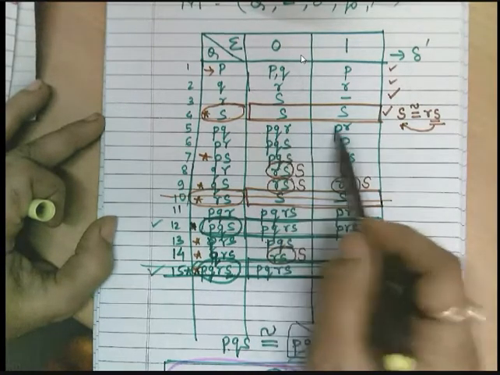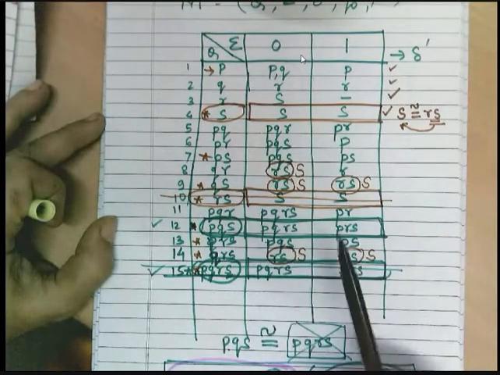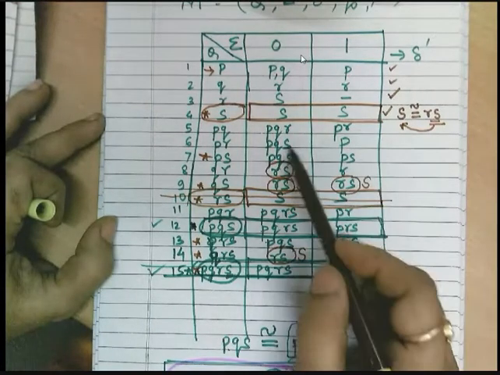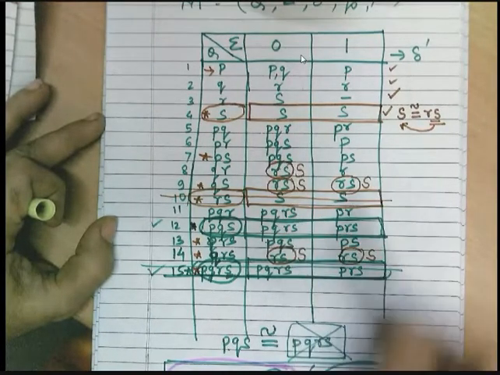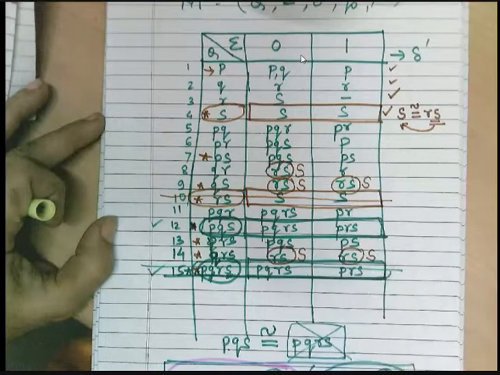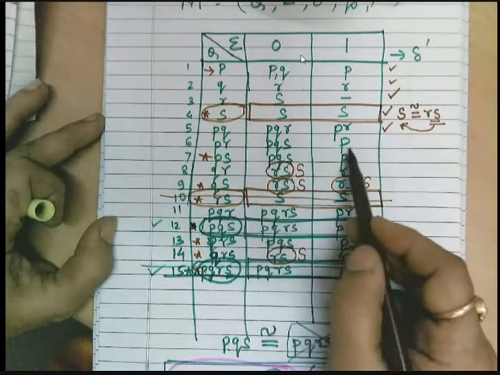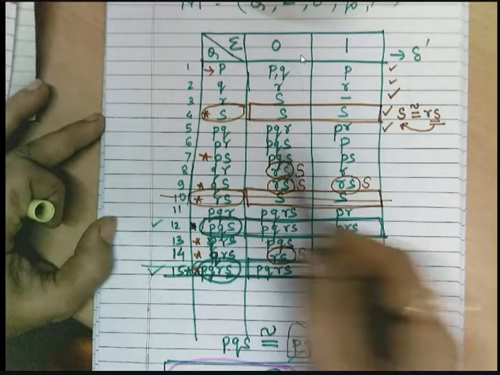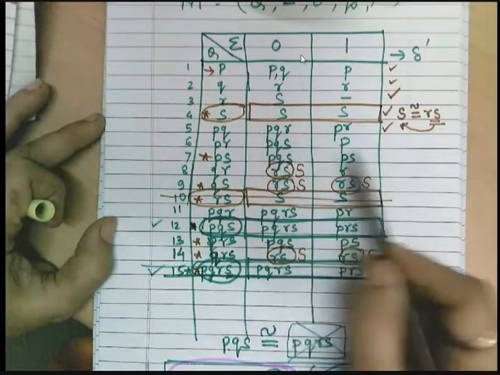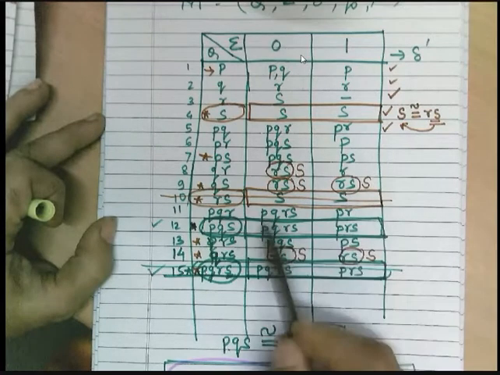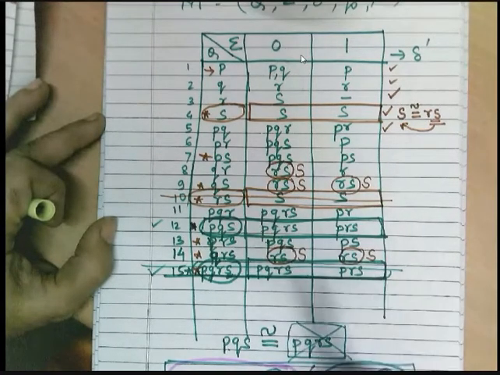Next, we move to the next row. PQR and PR: we want to see whether there is this combination anywhere. PQR, PR, nowhere, so we need to keep this as one. Next, PQS and P. Nowhere is it there.